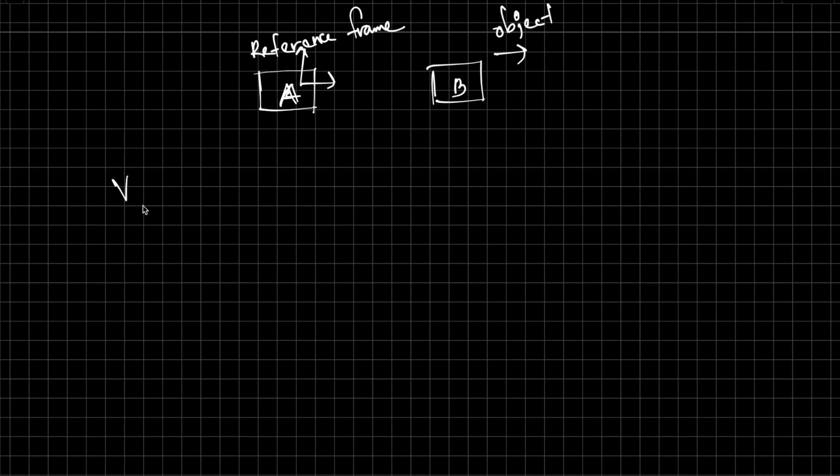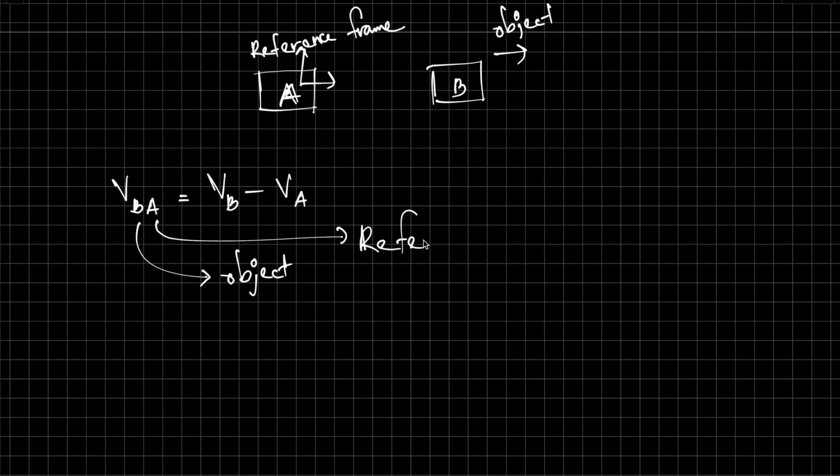So velocity of B with respect to A is equal to velocity of B minus velocity of A, where B is the object and A is the reference frame.